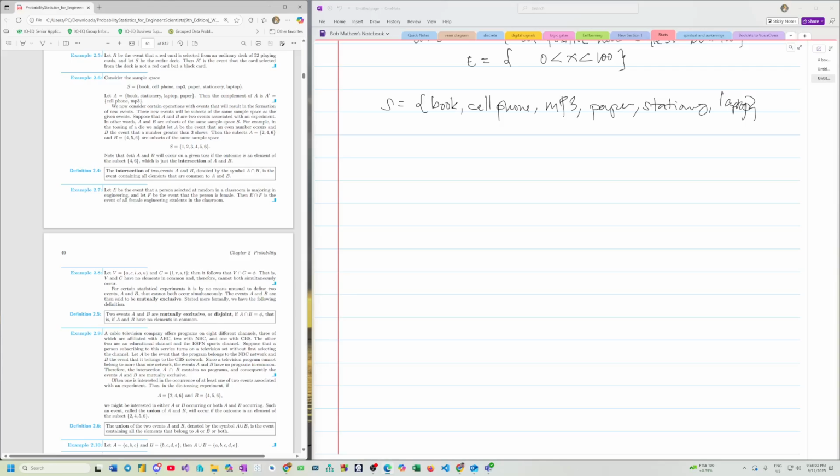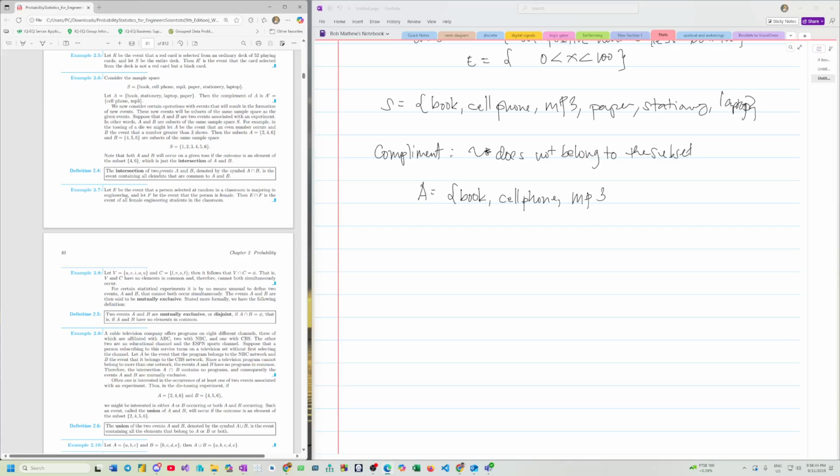So this one is what we call a complement. I think you already have this in your set theory, but what is a complement? A complement means it does not belong to the subset. Let's say for example, I'll give a different example. A is equal to book, cell phone, and MP3.